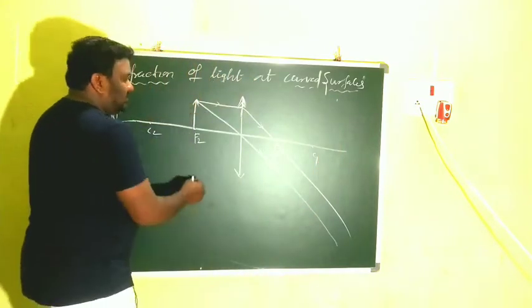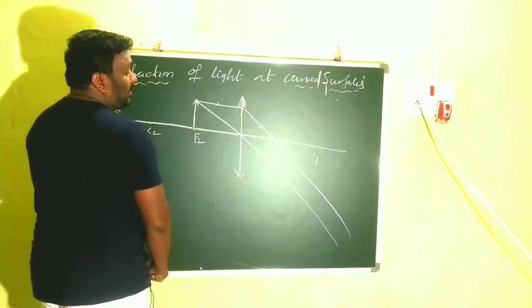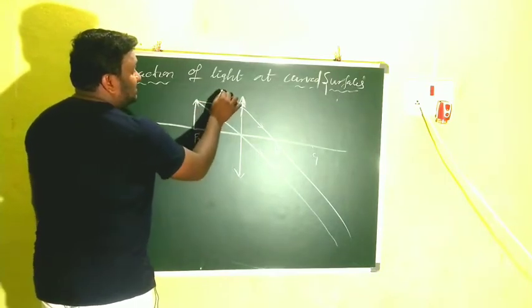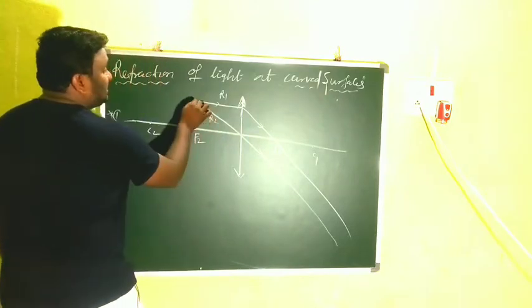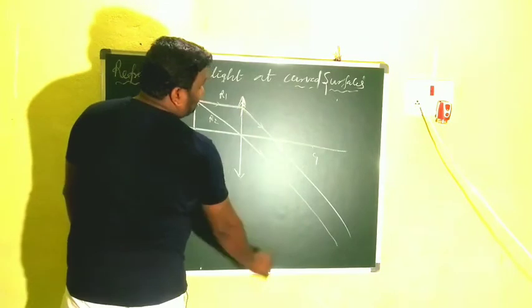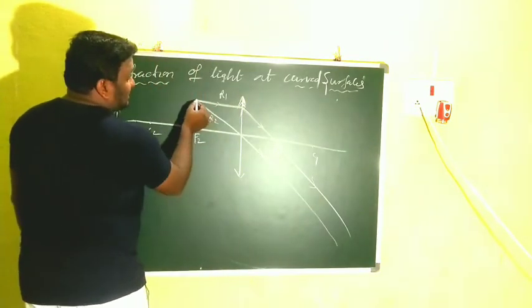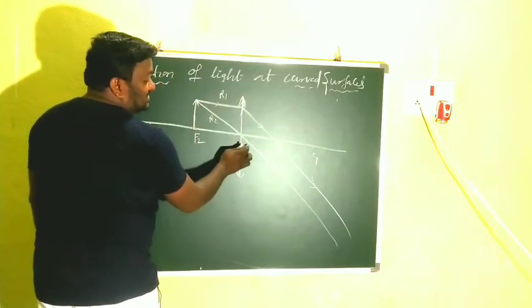Look here. This is the biconvex lens, this is the focal point F2, and the object is there. From that we have taken R1 and R2. R1 is parallel to the principal axis, that's why after refraction it passes through the focus. The second ray we have taken passes through the optic center.